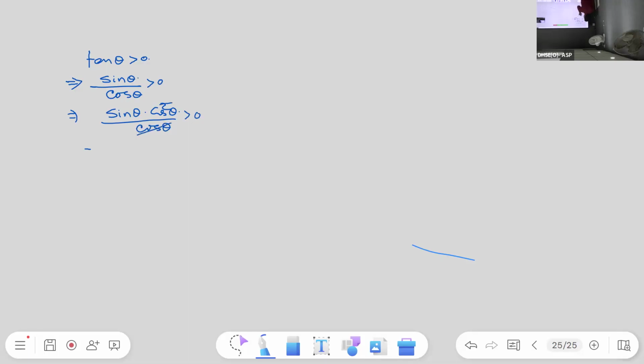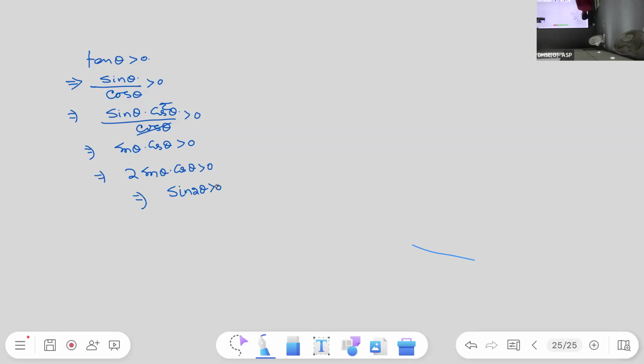So this implies sin theta into cos theta greater than 0. Multiplying 2 to both sides of the inequality, we get 2 sin theta into cos theta greater than 0. This implies sin 2 theta greater than 0.